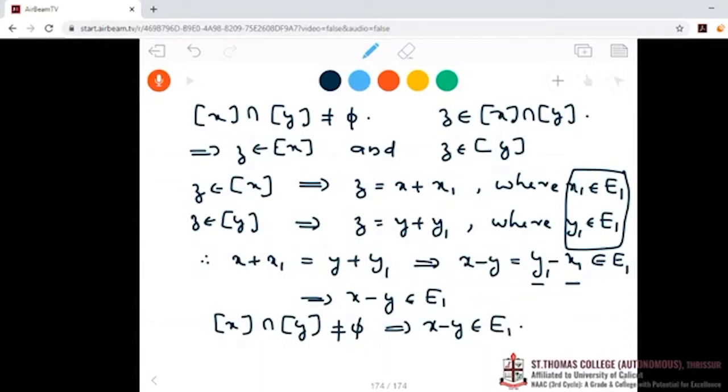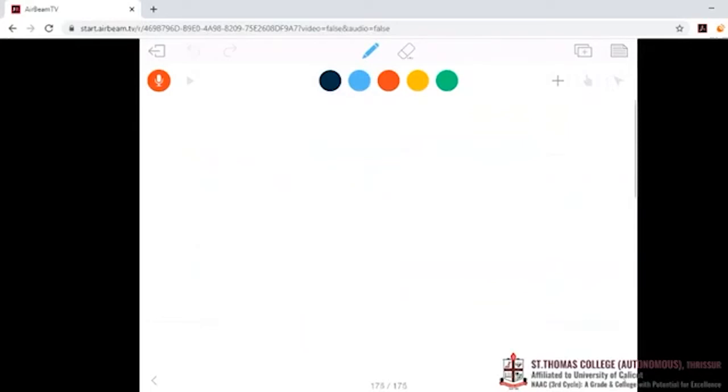Now I need to prove that class x is equal to class y. For that I am taking one element from class x and I will prove that it is contained in class y, and similarly we can prove the reverse inclusion also. So suppose I take z in class x.